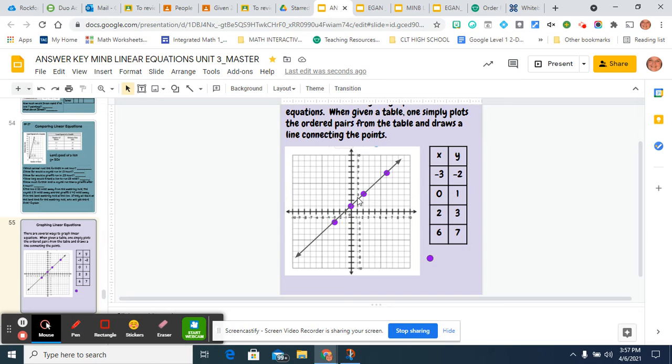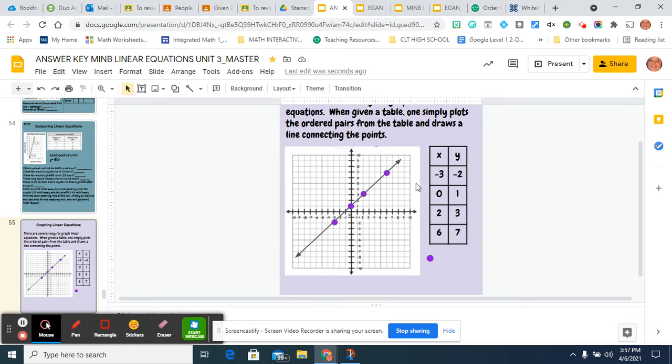So I can see here I'm at 1, and I'm going up 2 and over 2. So 2 over 2 here would be 4 over 4. So my slope is a positive 1.